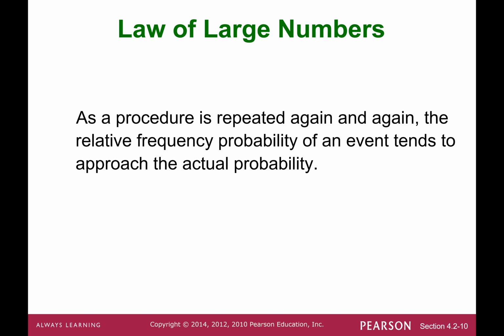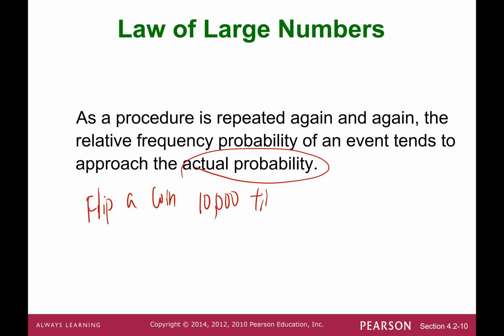Law of large numbers: as a procedure is repeated again and again, the relative frequency probability of an event tends to approach the actual probability. So if you look at the case of flipping a coin 10,000 times, most likely you will get 5,000 heads and 5,000 tails.